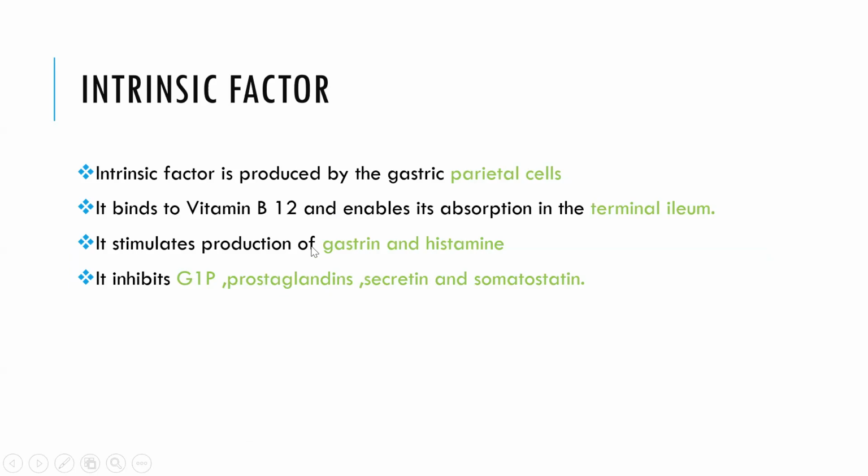And as I've said, it binds to B12 and enables its absorption in the terminal ileum. It stimulates production of gastrin as well as histamine, and it inhibits production of GIP, prostaglandins, secretin, and somatostatin.